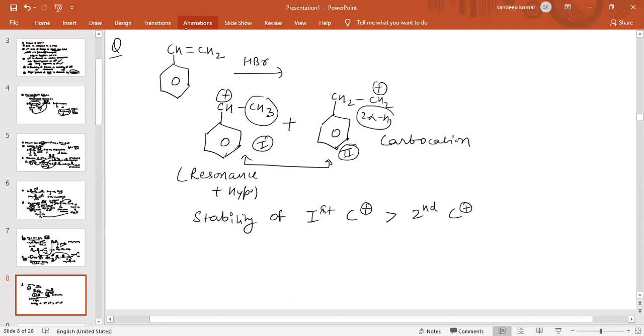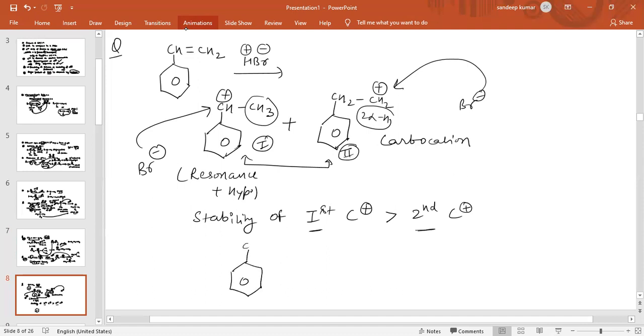Now the nucleophile will attack. Which is the nucleophilic part? Nucleophile is Br minus. So Br minus can attack at this position, and also at this position. When Br minus attacks at this position, this is the major product, because the second carbocation is less stable and the first is more stable.